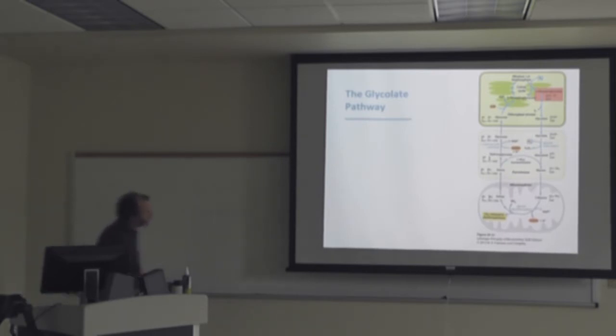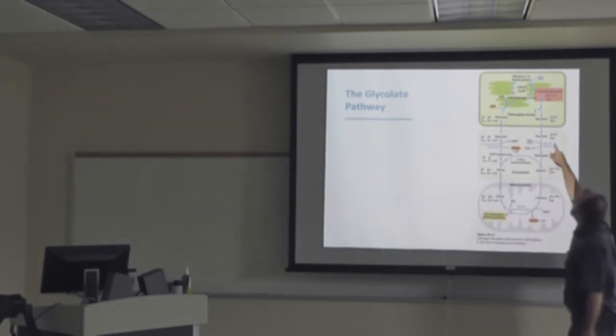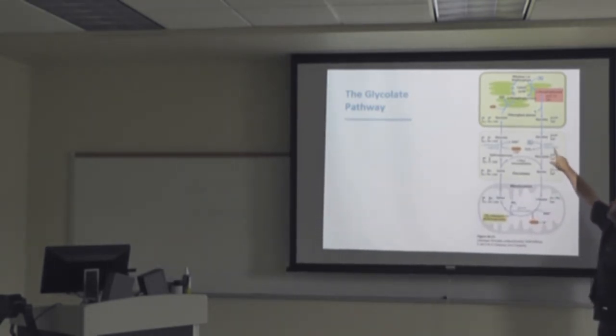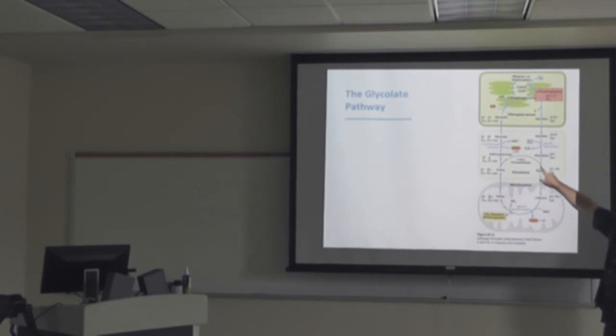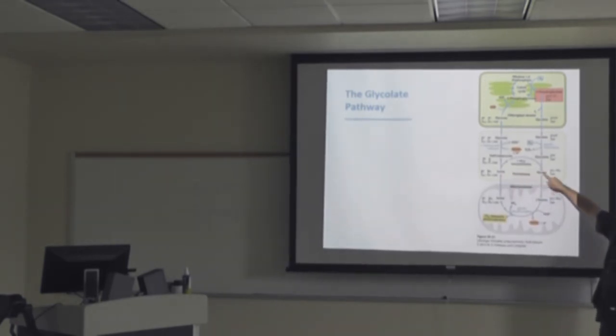So we get the glycolate from the side reaction, and it gets out of the chloroplast. Glycolate acid oxidase forms glyoxylate, and that'll come. You have transamination from the serine to the glycine.